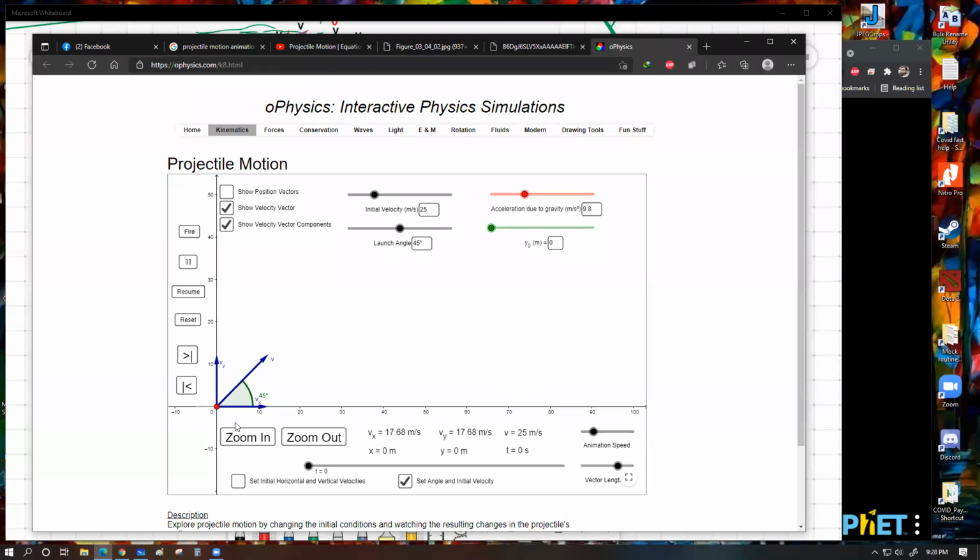Where do I set fire? All right, beautiful. So if we increase that, it is going to stop, reset. Okay, so this actually has pretty nice values.